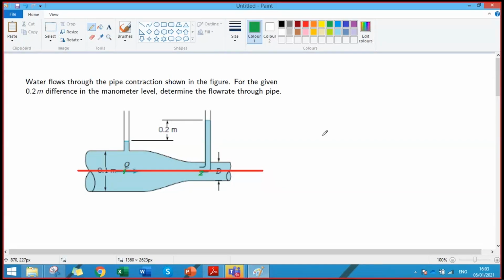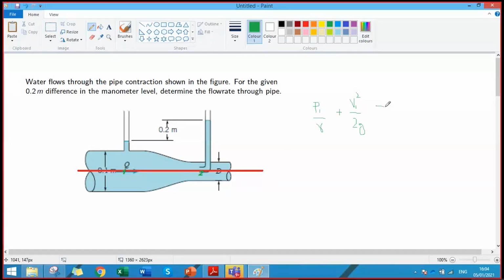Sir, pressure P1 at point 1, P1 by gamma, right? Yes sir. Velocity, V1 square by 2g, right? Yes sir. There is no need to write the elevation head because the flow will be horizontal.